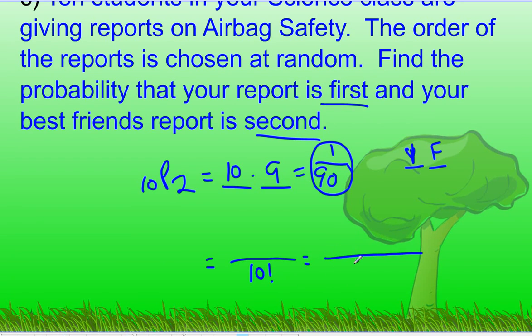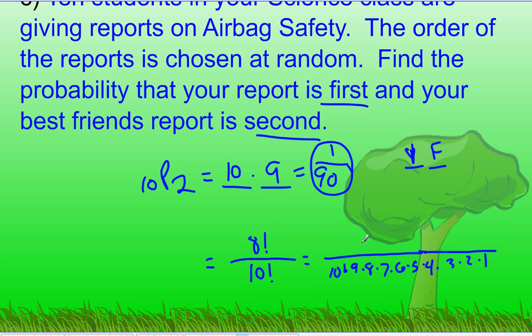Which would give you 10 times 9 times 8 times 7 times 6 times 5 times 4 times 3 times 2 times 1. And if you picked all 10 positions, the number of ways that you would be first and your friend would be second would be 8 factorial. Because you're basically ignoring the first 2 spots and you're just using the last 8.